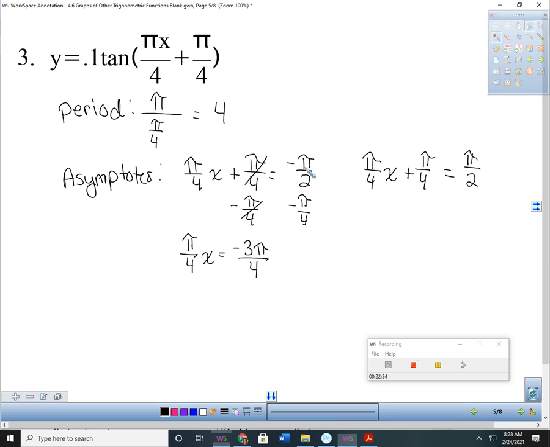And you can plug that directly into your calculator as well. And then you can divide by pi over 4, or you can multiply by the reciprocal, which is what I'm going to do. I'm going to multiply by 4 over pi.